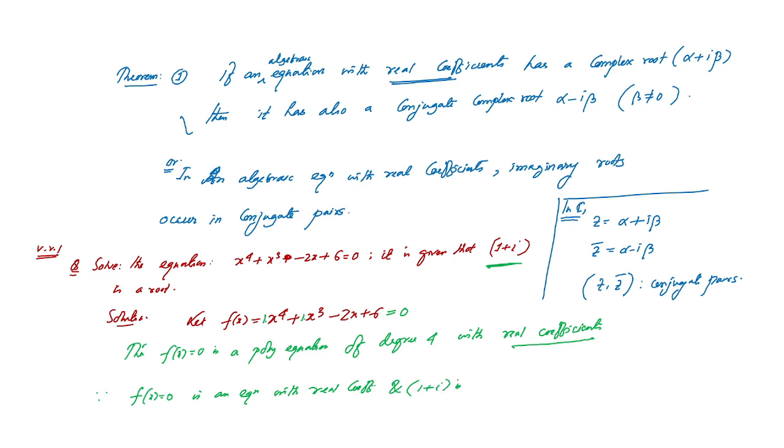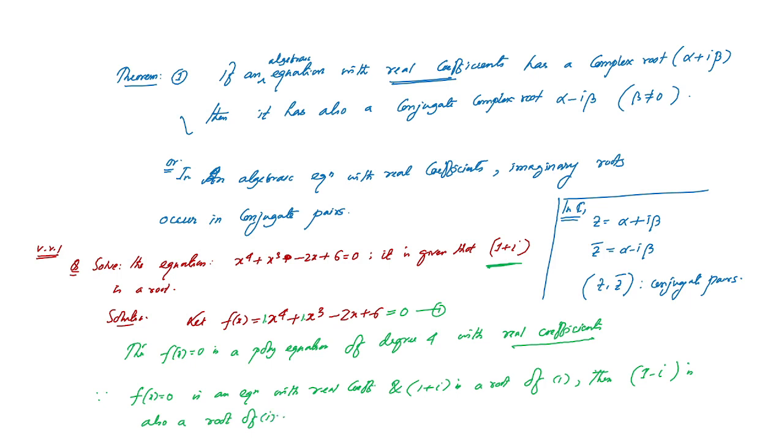1 plus I is a root of the equation, then 1 minus iota is also a root.